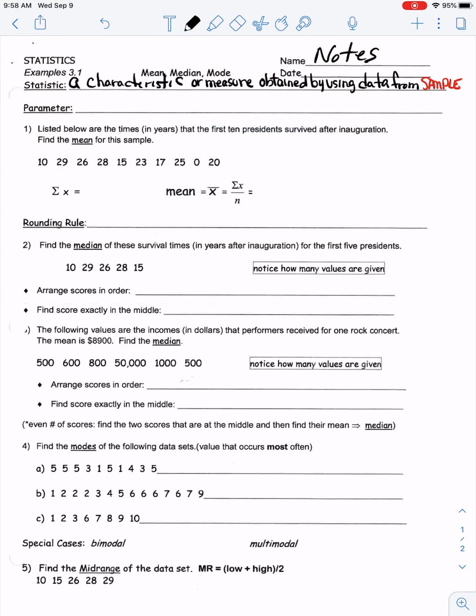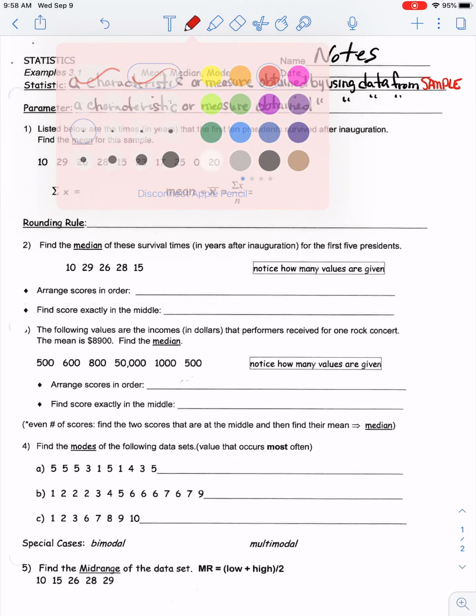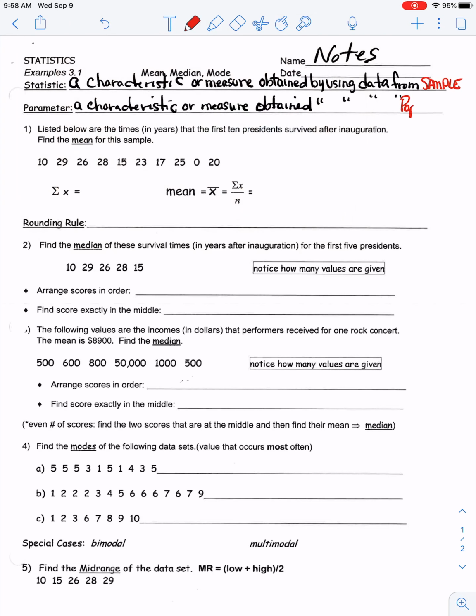Okay, so then a parameter is going to be a characteristic or measure obtained by using data from, and I'll change my pen, this time population.